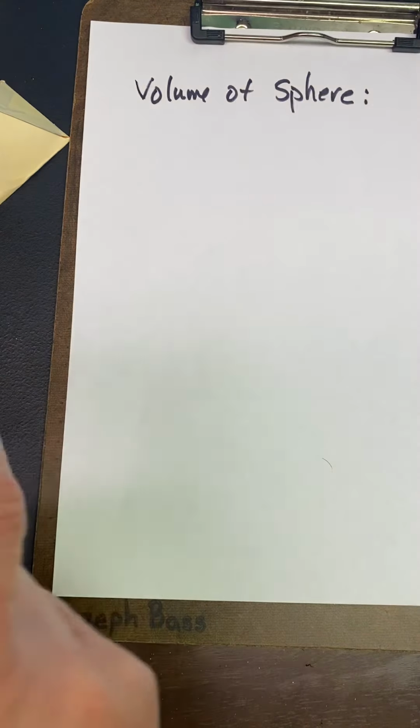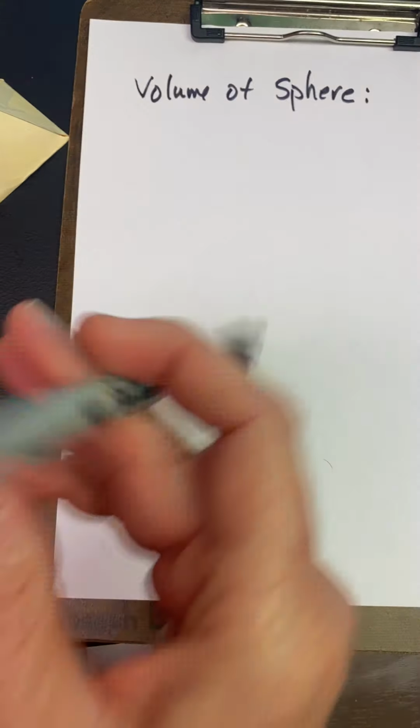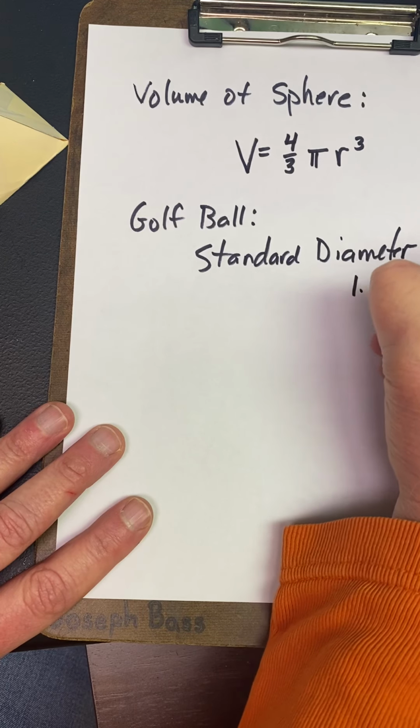Well, the volume of a sphere is just, I'm just going to tell you what it is. It is 4/3 pi r cubed. So for my golf ball, I know this. The standard diameter of a golf ball is 1.68 inches.